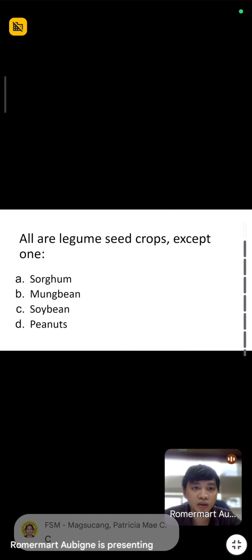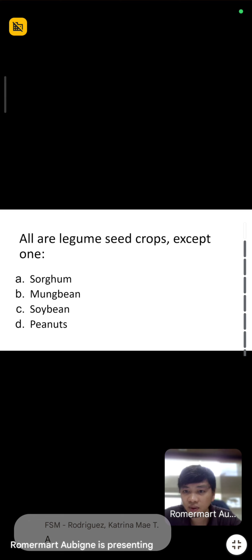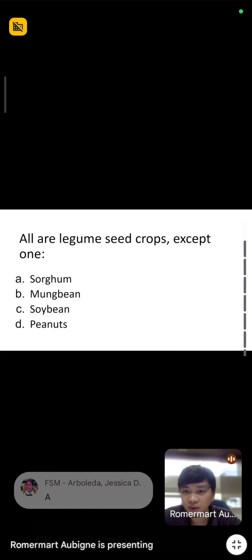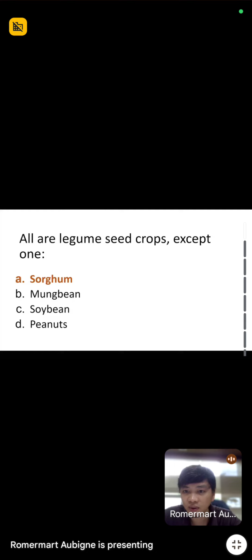Sorghum seed crop except one. Okay, the answer is sorghum.